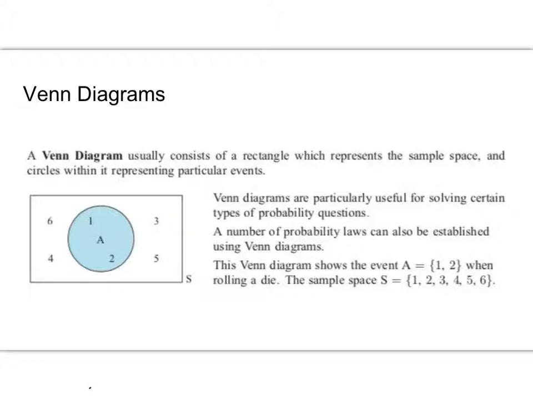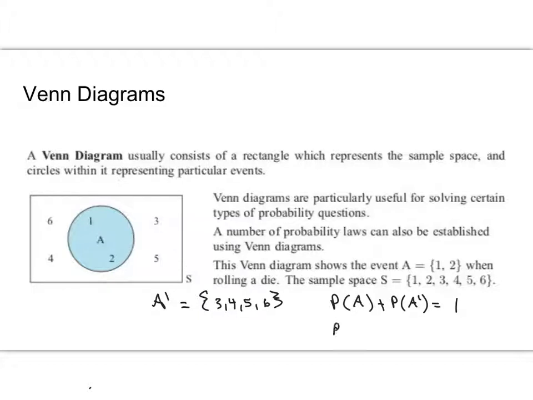And the event A would be the event rolling a 1 or a 2. In that case, then A naught would equal 3, 4, 5, and 6. And you'll notice that the probability of A plus the probability of A naught is equal to 1.